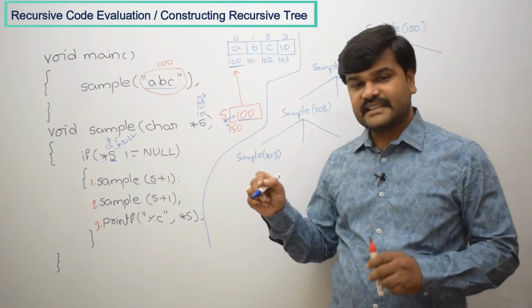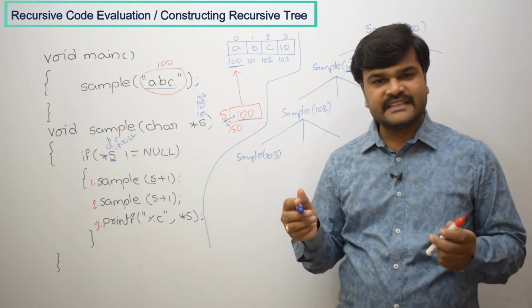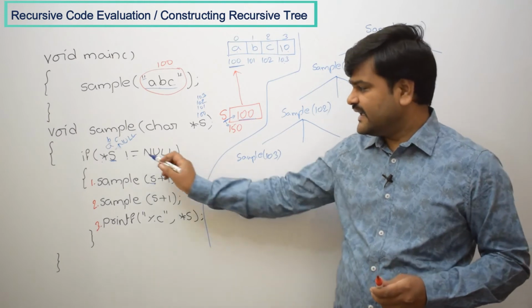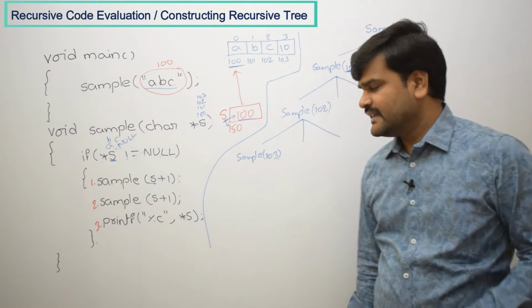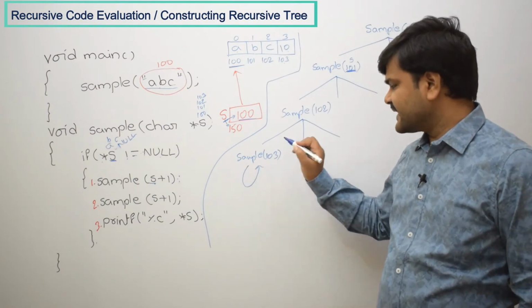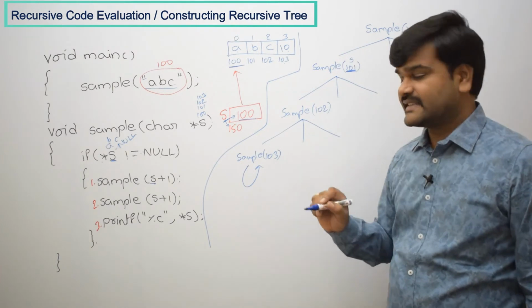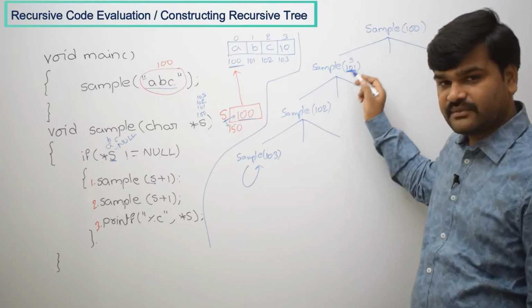It reached the base condition. Null not equal to null means the condition is false, because null is equal to null. So the condition is false, so it is not going inside, it is directly going back. That means it is simply coming back actually. This is a very important step. From here it is recursively calling continuously. This is the flow, first of all.